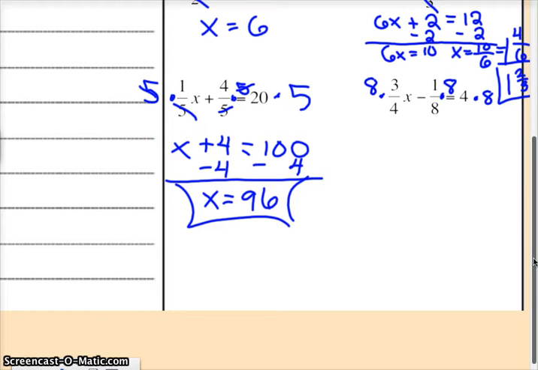That's exactly right. This would turn to 1 and the 8 would turn to 2. It's cross simplifying. 2 times 3 is 6x minus, what happens to these 8s? They cancel. So what am I left with? 6x minus 1. Yep. 6x minus 1 equals 32.